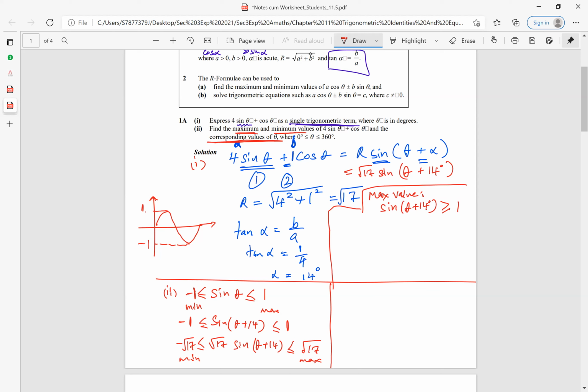Do you agree with me or not? This is the maximum value. Sorry, my mistake. There's no more inequality sign because you're finding the exact maximum value. So it should just be equal to 1. Sorry, guys. Okay, so this is your maximum value here.